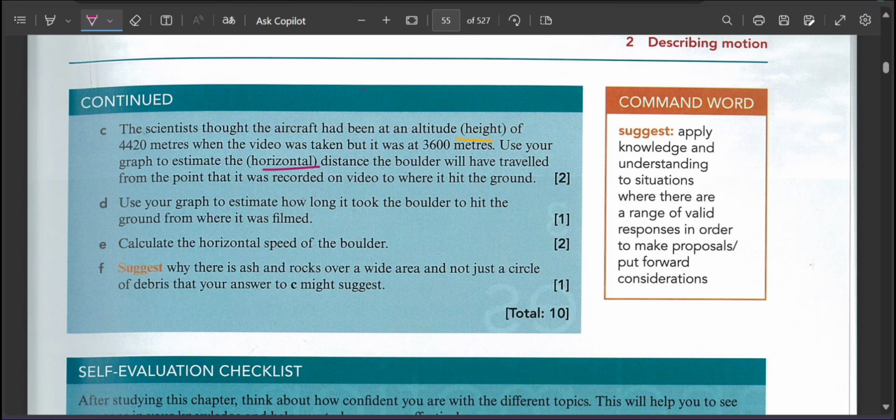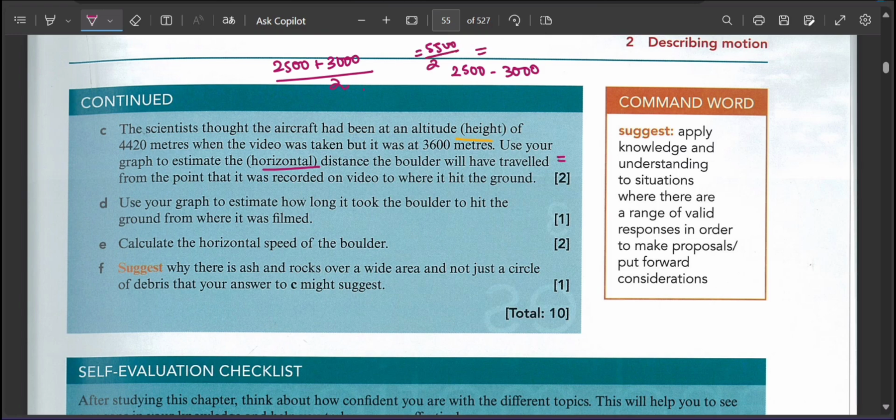So we can keep the average of this number by adding both of them. 2500 plus 3000 gives us 5500, and 5500 divided by 2 is 2750. So the horizontal distance is going to be 2750 meters.